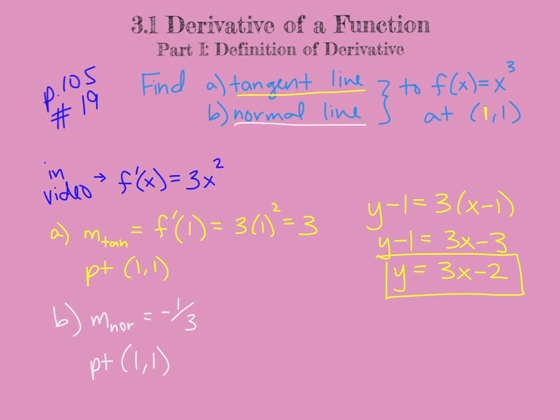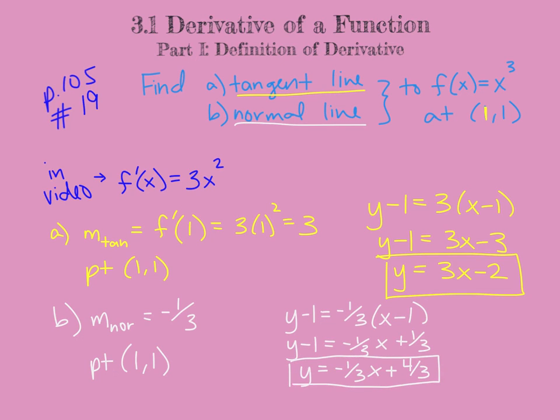That is the opposite reciprocal of 3. So we again use our point slope form, y minus 1, and the only thing different here is the m value. Then when we distribute that negative 1/3 through, we'll get negative 1/3 x plus 1/3, and then adding 1 to both sides, 1/3 plus 1 is 4/3. So this is the equation of our normal line.